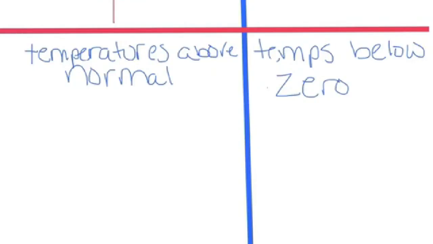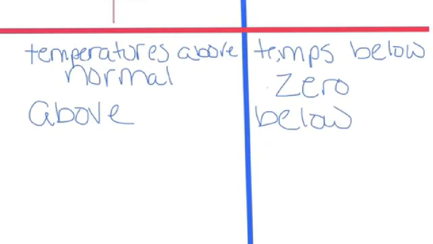Anytime you see the word above, that means positive. Below usually means negative. Some other words that you might see that are good to know: sea level is considered 0, so above sea level would be positive, below sea level would be negative.